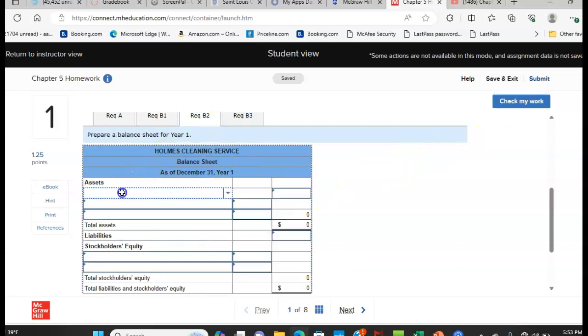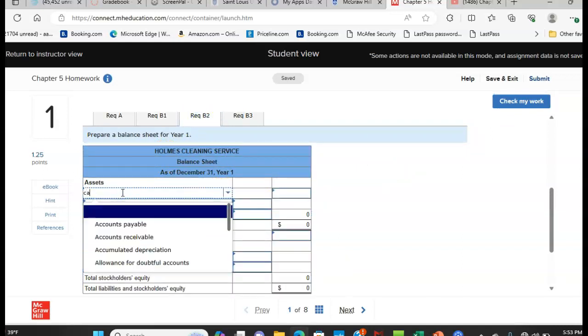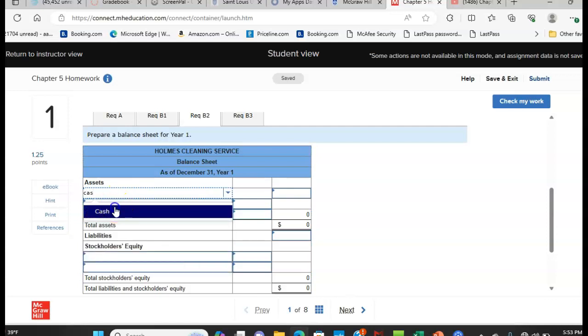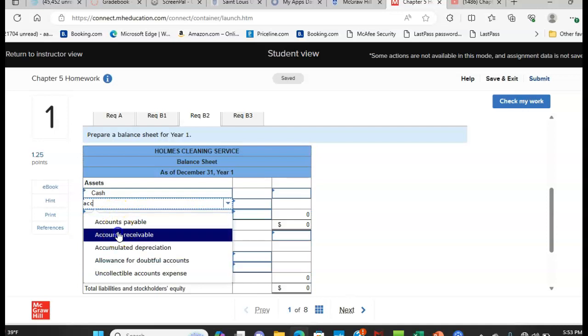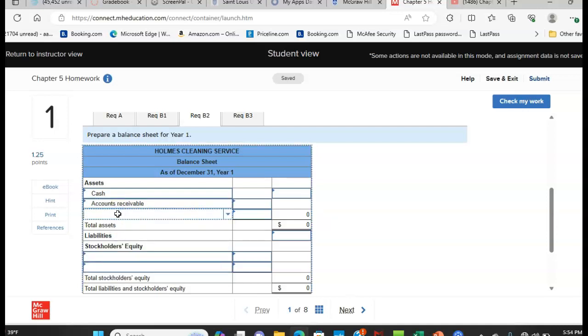So going here, our cash account, one of our assets. We got accounts receivable. And then we're going to have the allowance for, less. You want less the allowance for doubtful account.